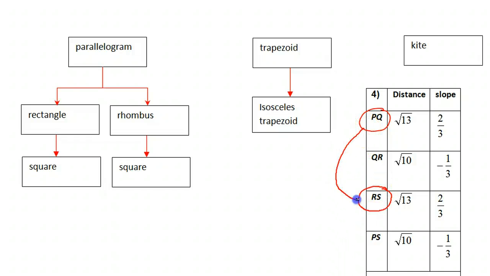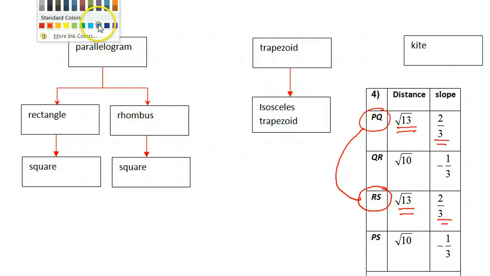So these are opposite sides. And look at that, radical 13, radical 13. Those are congruent. Also look at these slopes, 2/3 and 2/3. Those are parallel. So far so good. Opposite sides are congruent and parallel, same slope.